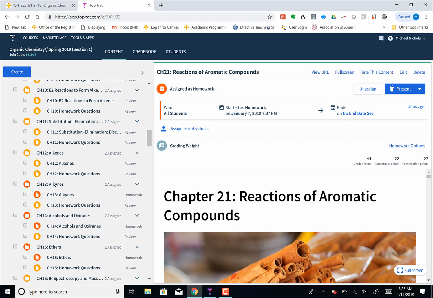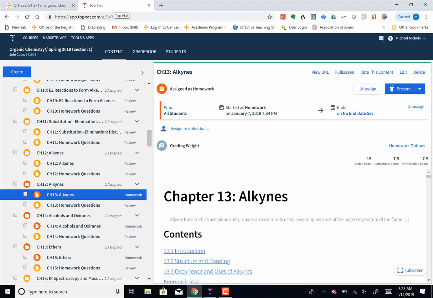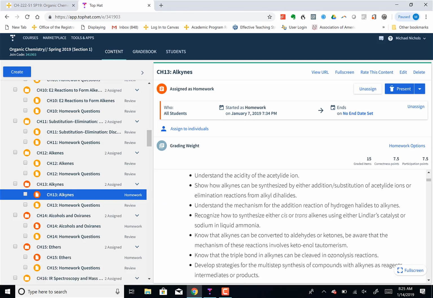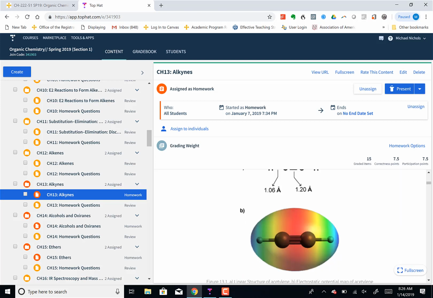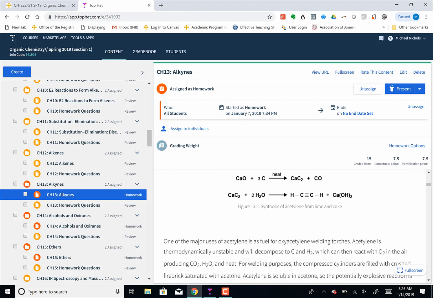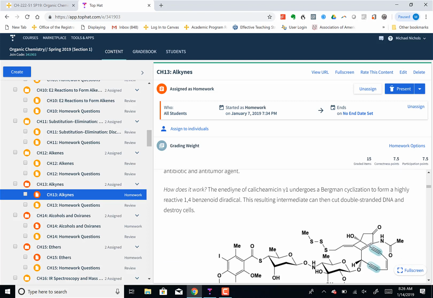These are actual graded homeworks, and the yellows are not graded. If we went to chapter 13, we would have our electronic textbook, and it'll go through the triple bond, for instance. There's probably more material in here than there is in my video or my notes. That's okay. There's always more material there.